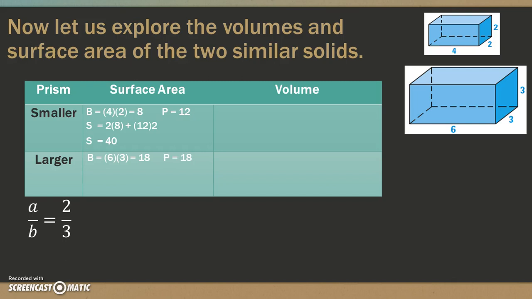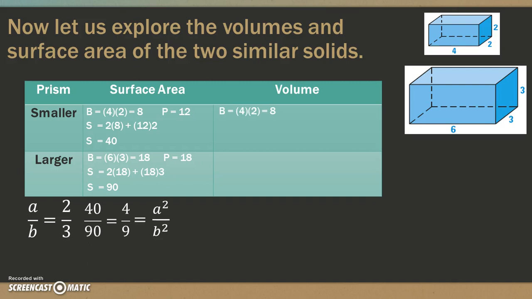The perimeter is 18, 6 plus 6 plus 3 plus 3. And then we do 2 times 18 plus 18 times 3, which is the height of the prism, and we get 90. So the length is 2 to 3. The area is 40 to 90, which simplifies down to 4/9, right? 2 squared, 3 squared.